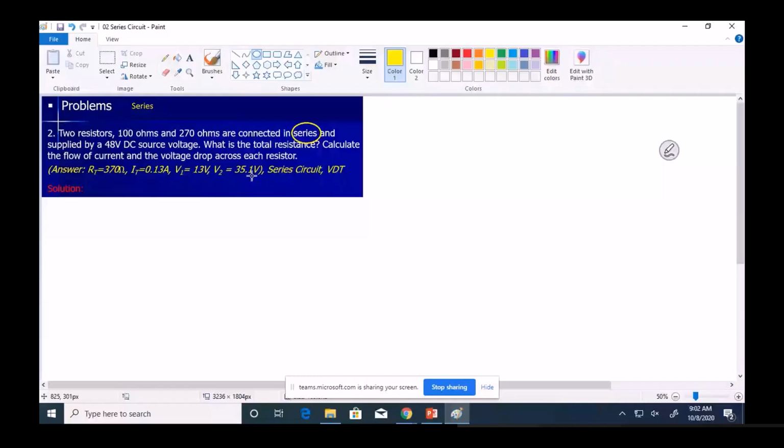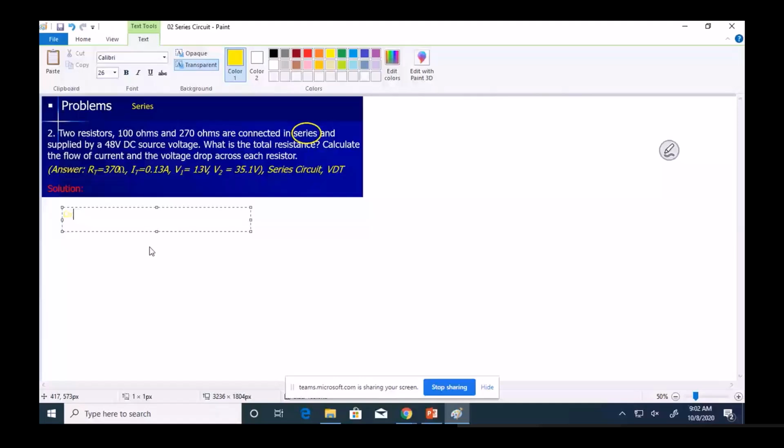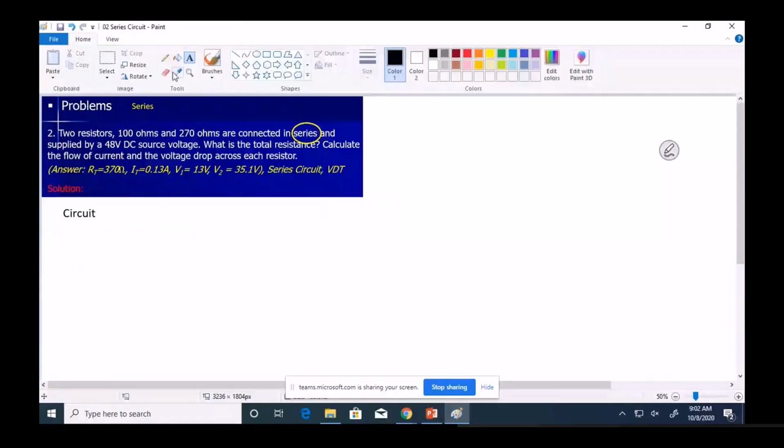So we need to identify or draw the circuit. To draw the circuit, two resistors, so I have to draw two resistors here.